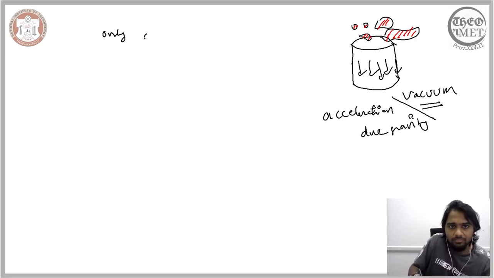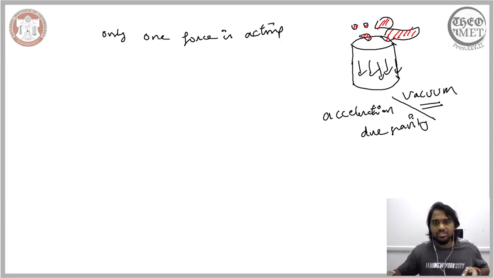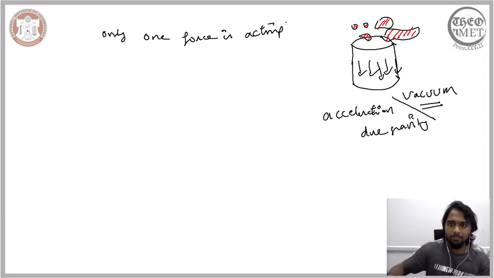So only one force is acting. Essentially in a vacuum what we have is just the gravitational force acting, and since only the gravitational force is acting, it is impossible for us to distinguish the particles of different sizes, because all these particles travel at the same velocity and reach the ground at the same velocity.